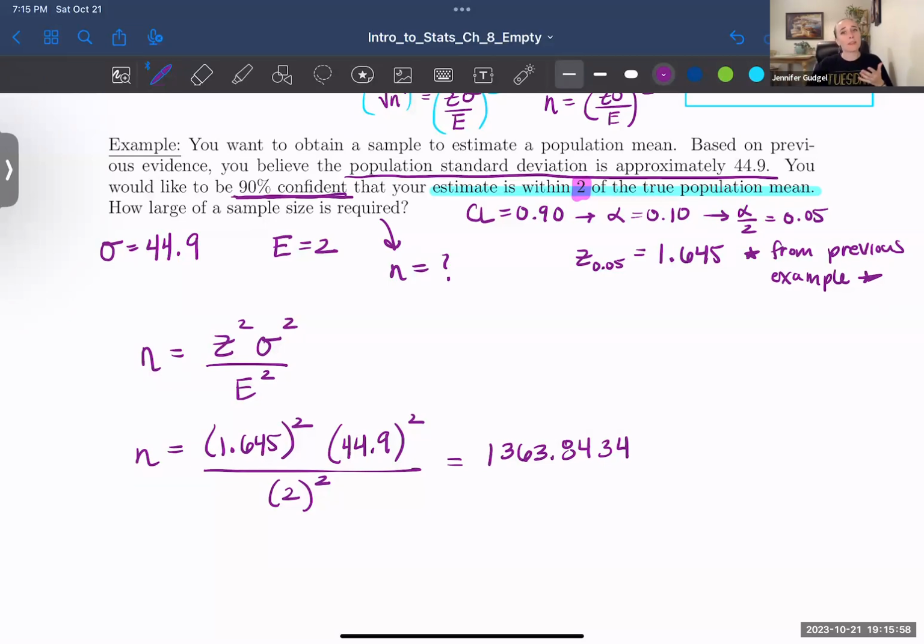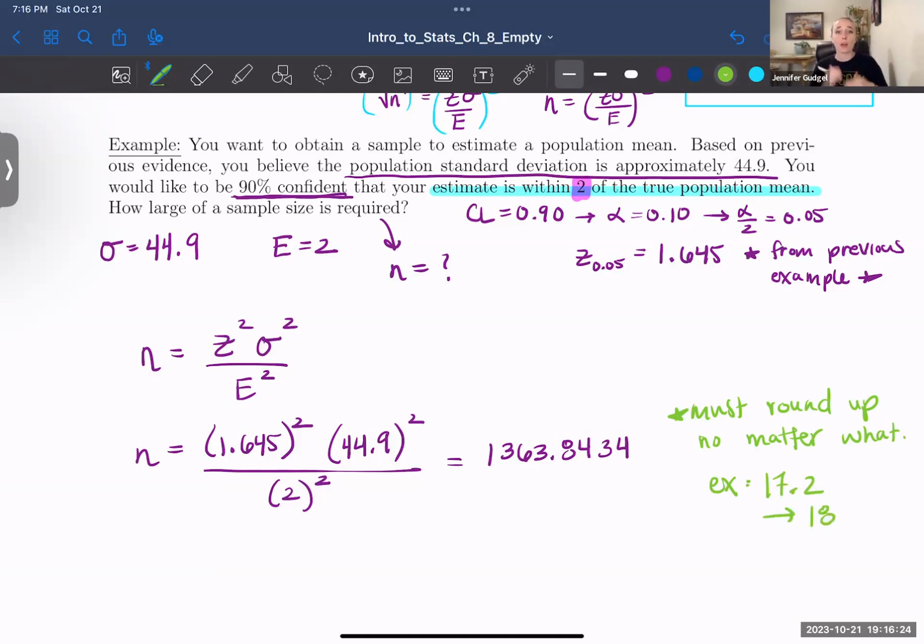So when you're talking about this sample size, it has to be a whole number. And no matter what that decimal is, you have to round up. Must round up no matter what. So another example, if we got 17.2 for n, that would be 18.